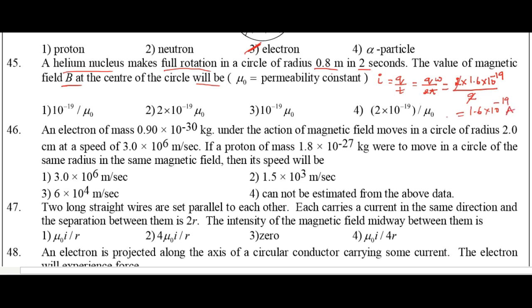Now magnetic field at the center is B is equal to mu naught I by 2R. Substitute the values.